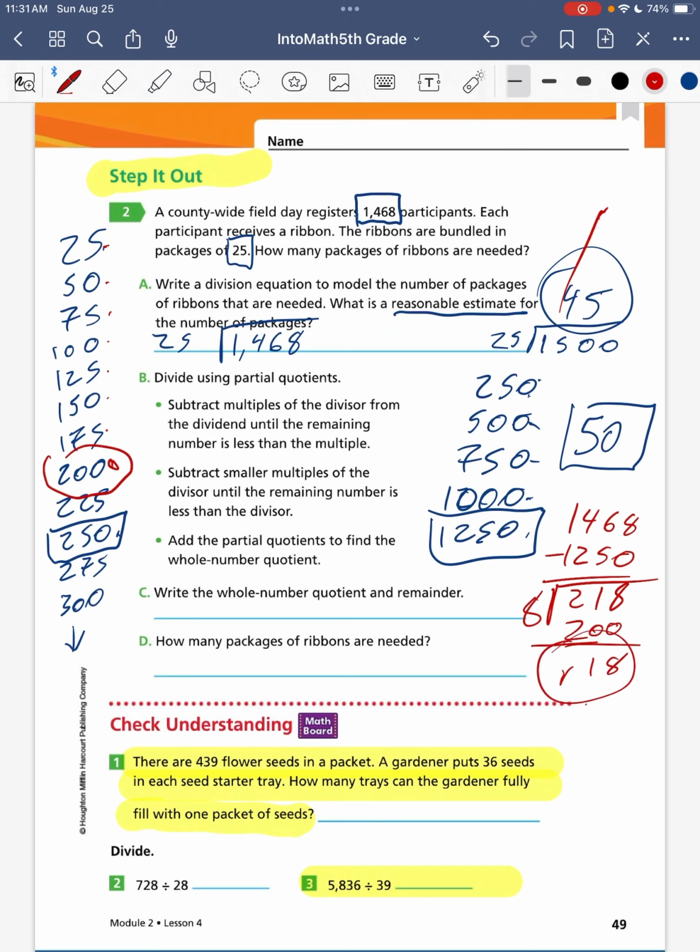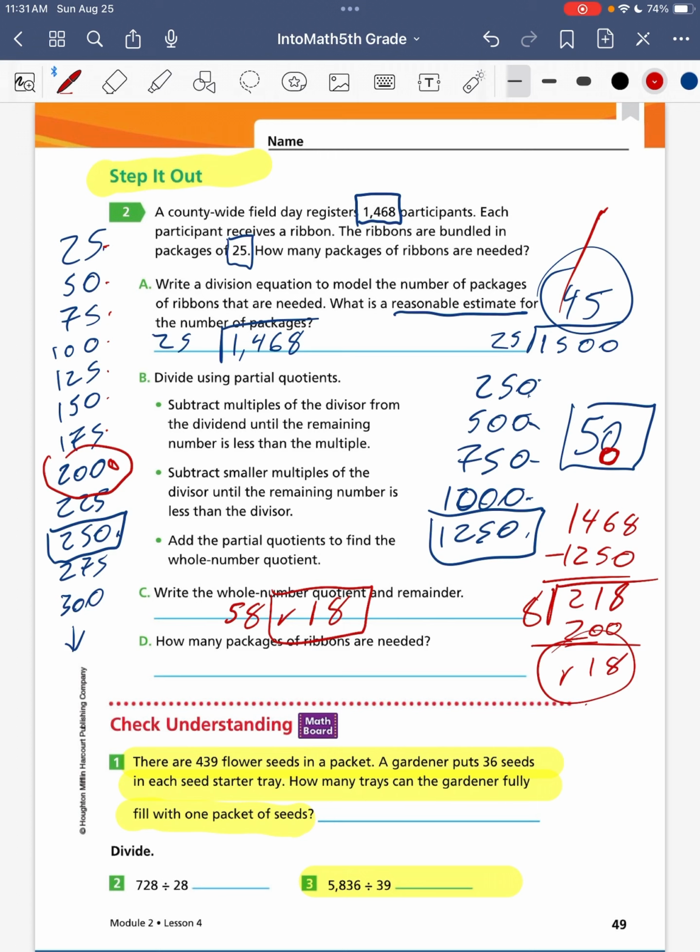Okay, so we're piecing this together. And now I'm at 58 packages with a remainder of 18. So my whole number quotient is 58 with a remainder of 18.